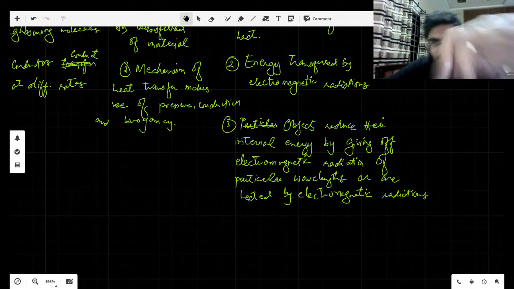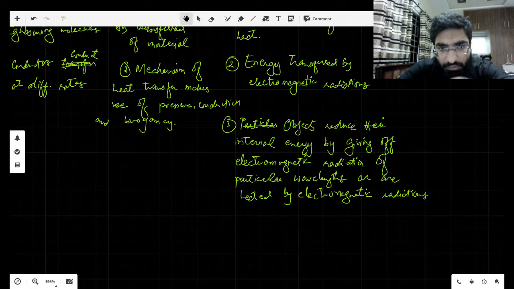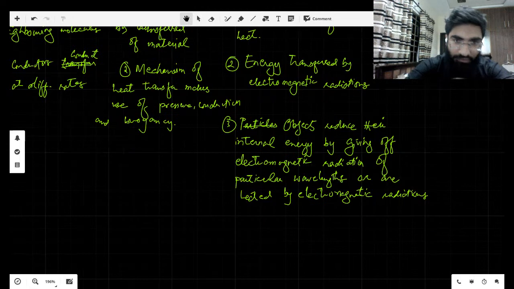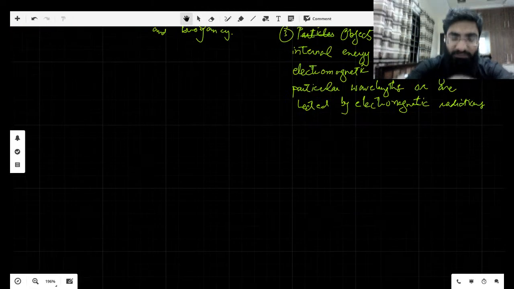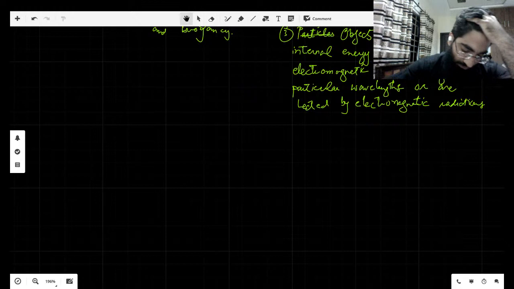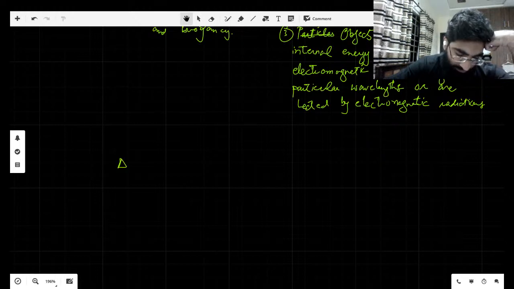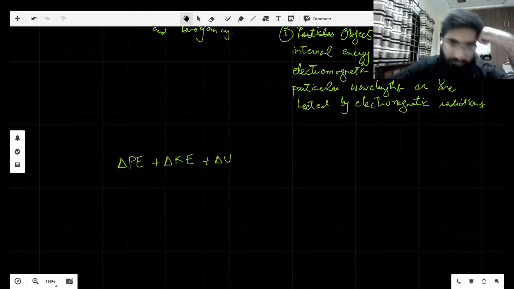Okay, maybe one last thing that we need to know in this particular topic is that total energy of a system is conserved. So if there is a change in potential energy and there is a change in kinetic energy, if I add to that the change in internal energy of the system, the answer would be zero.